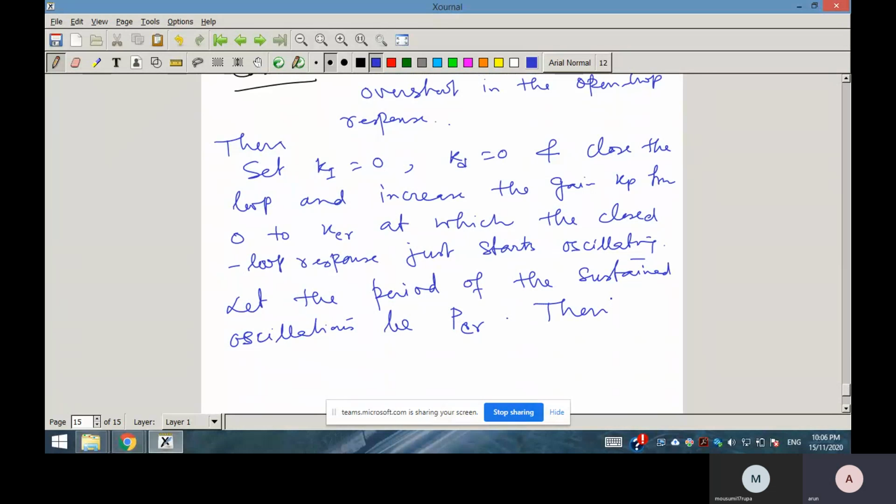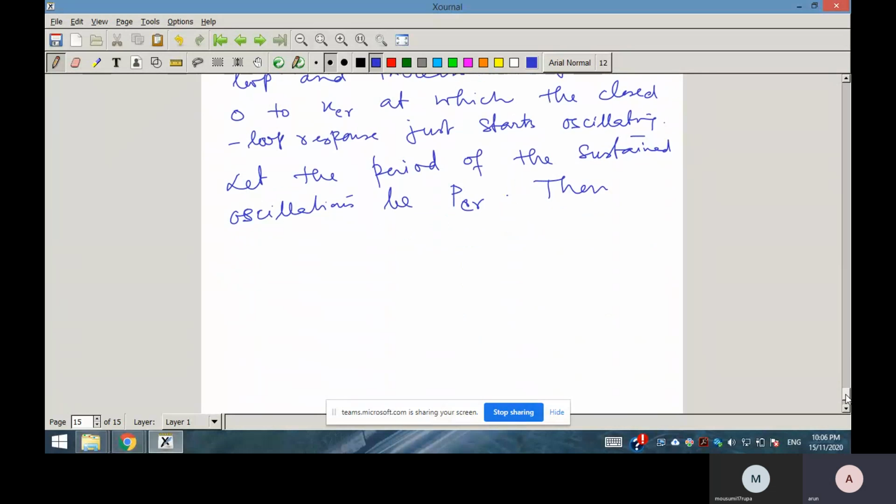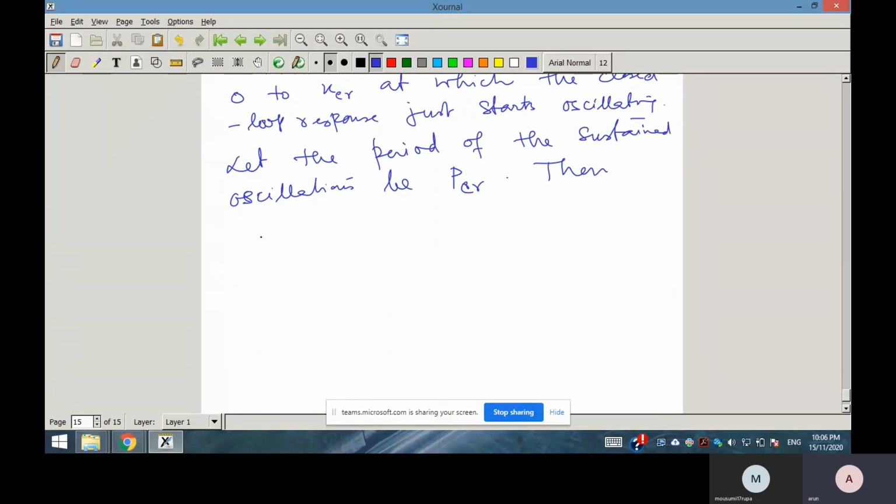Then what is the tuning rule? The tuning rule is like this. For the controller type, what is the value of Kp, Ti, and Td? If it is a proportional controller, Kp should be 0.5 KCR, Ti should be infinity, and Td should be 0, because Ki equal to 0 means Ti equal to infinity, and Kd equal to 0 means Td equal to 0.